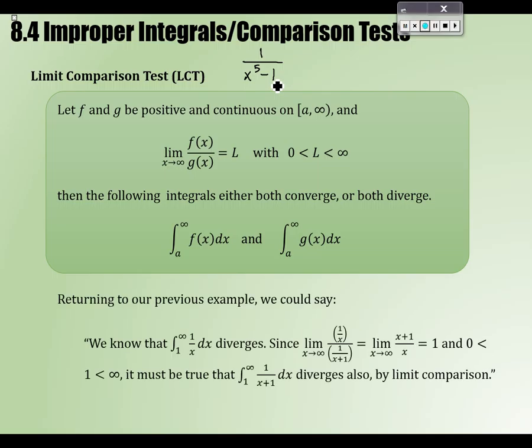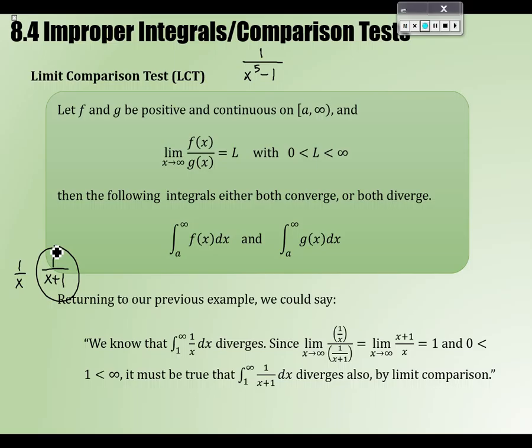Now, actually, I think it's not there anymore. But for example, if we're trying to compare 1 over x versus 1 over x plus 1, someone asks us about the integral of 1 over x plus 1. Then we might compare them using a limit, right?